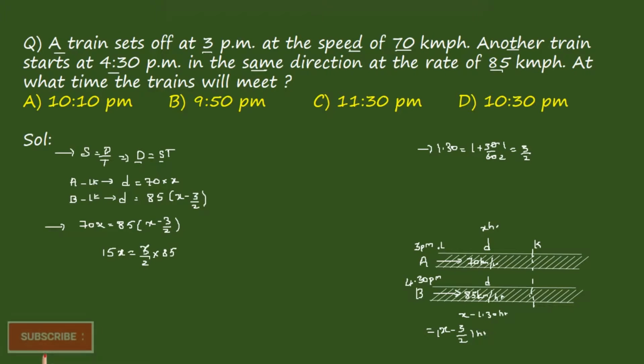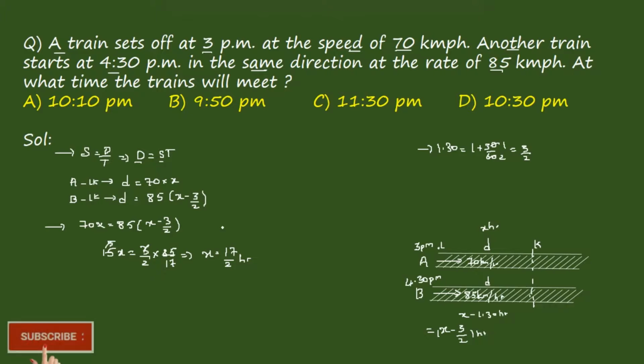By 1 it goes by 5, and 5 into 1, it goes by 1, 7. So we got time X is equal to 17 by 2 hours.